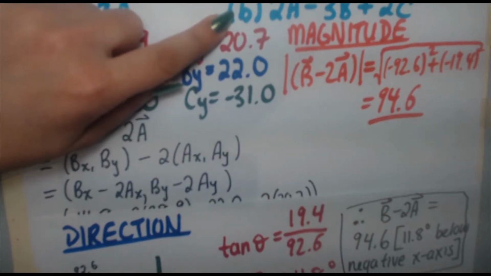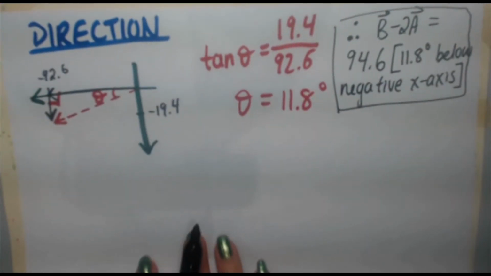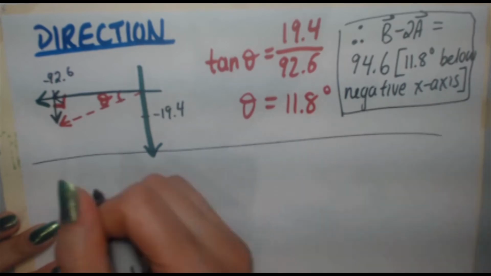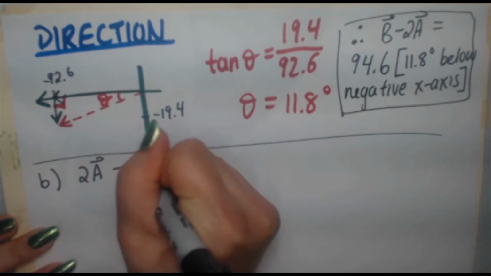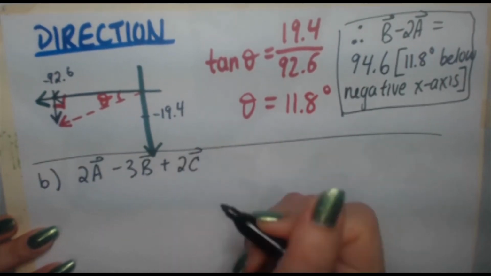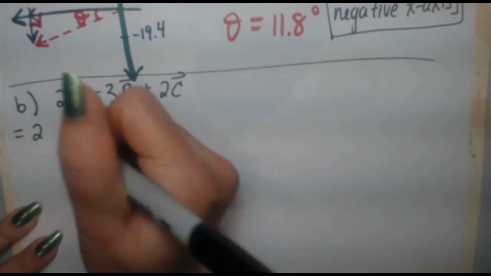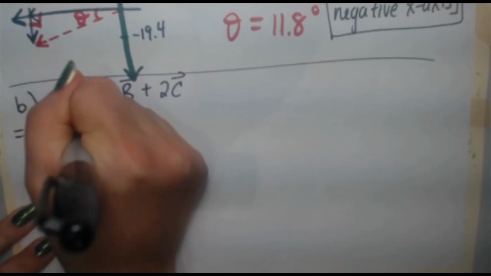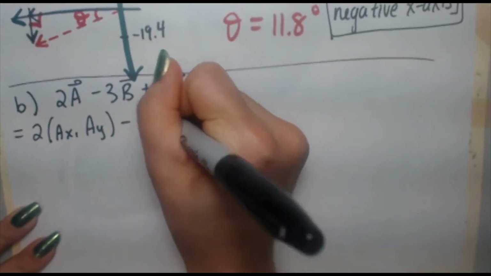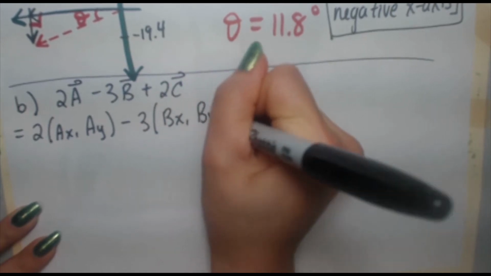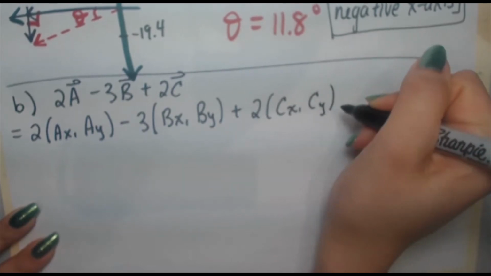2a minus 3b plus 2c. Okay, so let's go ahead and do that right here. So for B, 2a minus 3b plus 2c. Same strategy I used before. Okay, so you're going to do this. 2, instead of a, I'm going to write ax, comma ay, minus 3, instead of b, bx, comma by, plus 2, instead of c, cx, comma cy.